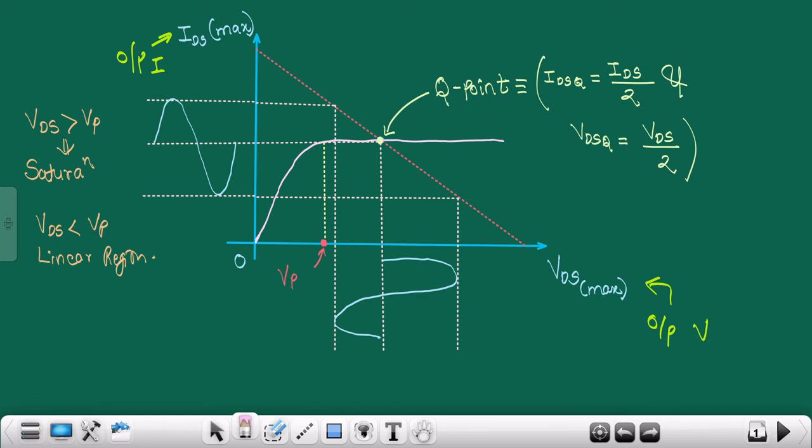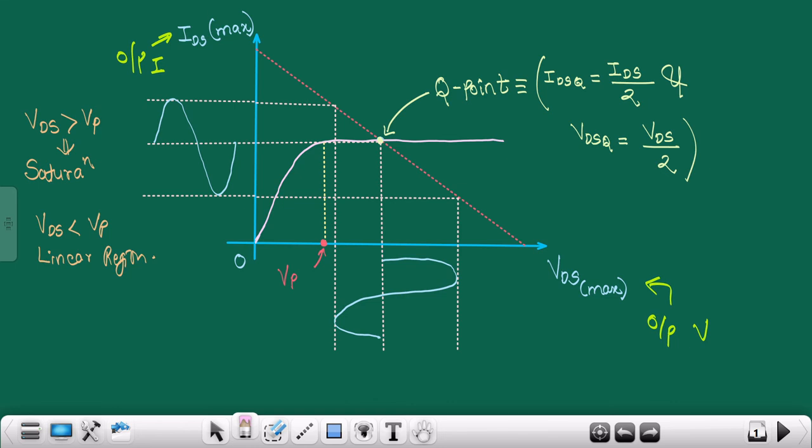Why? Because we are making this MOSFET, or any transistor in general, operate in this particular region so that we can take out the proper amplified form of the signal.